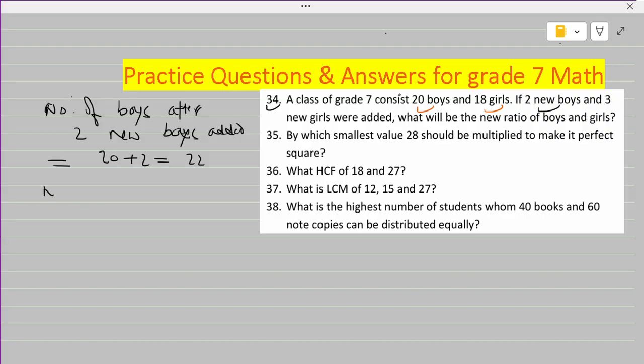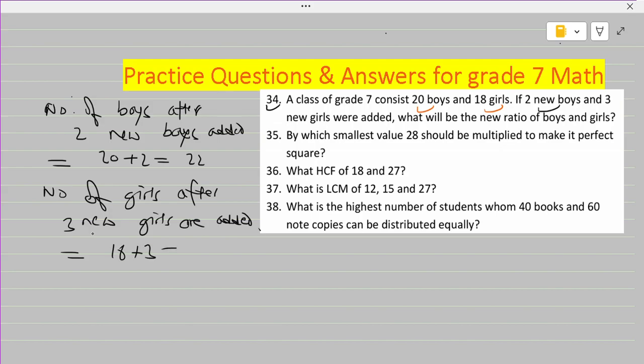So the number of girls after 3 new girls are added: originally there were 18 girls and 3 new girls added, so 21 girls after the change.